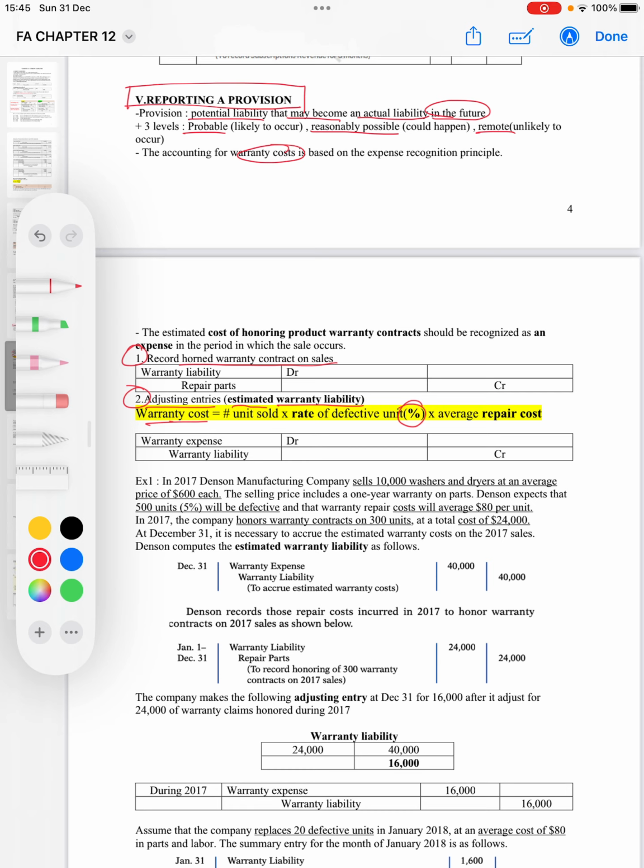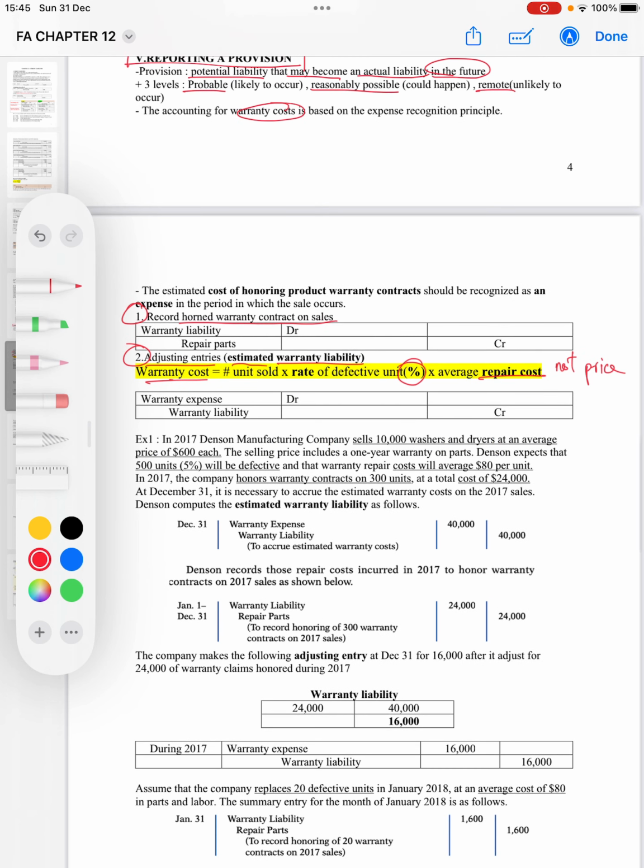Please keep in mind that this is repair cost, not the price to purchase the product. Okay, so warranty expense will debit and warranty liability will credit. Warranty expense increases and warranty liability increases. You good? Okay, so let's take an example.